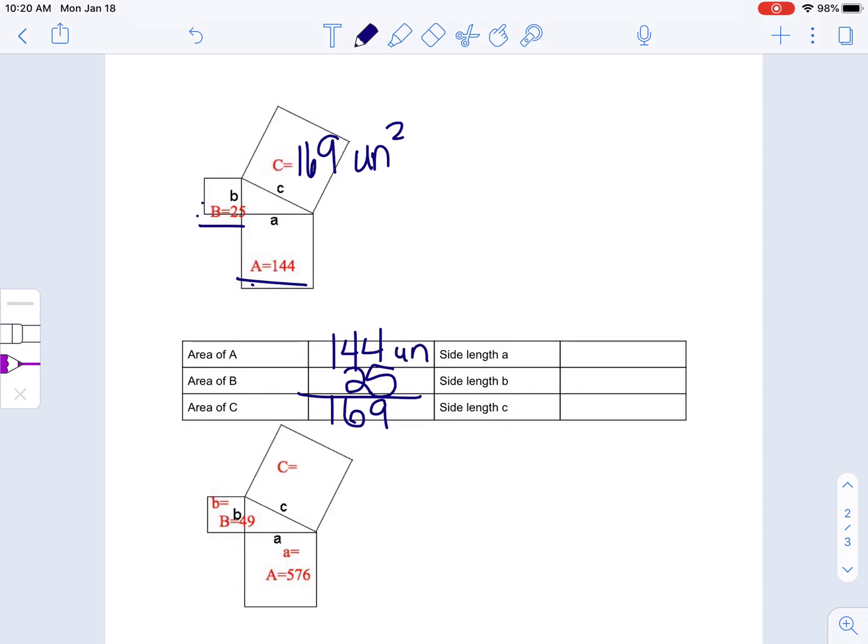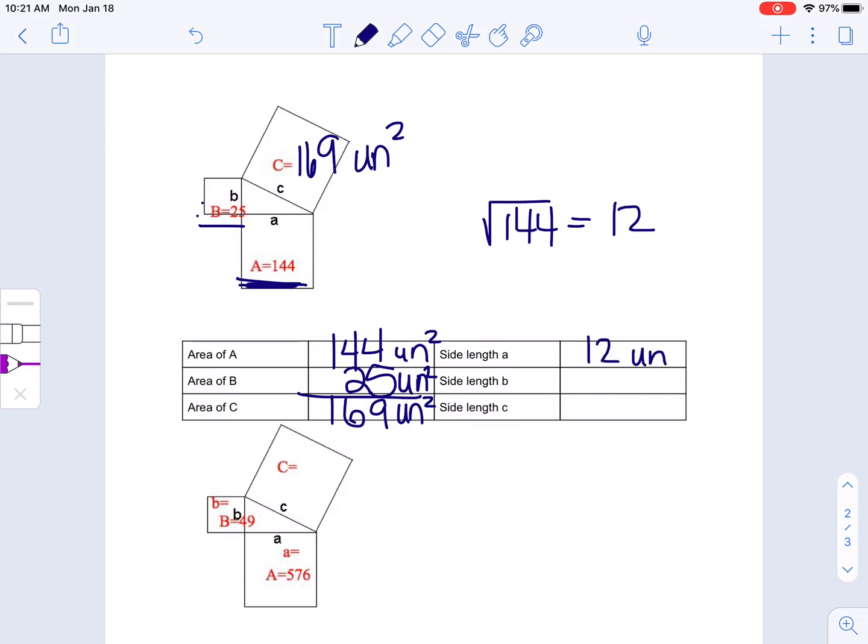So this is 144 units squared, 25 units squared, and then the area of the large square is 169 units squared. To find the side length, what number times itself is 144, or you could take the square root of 144 and you're going to get 12.